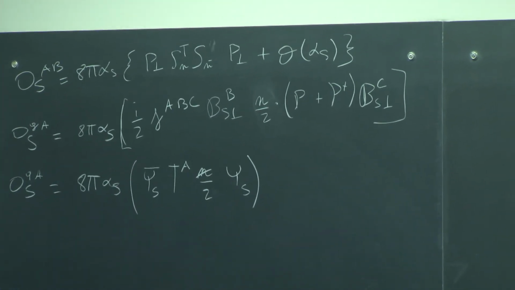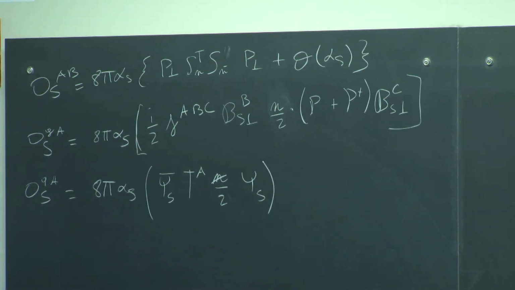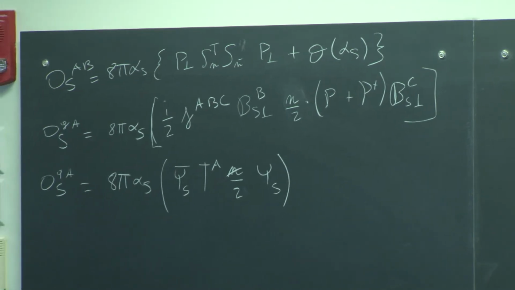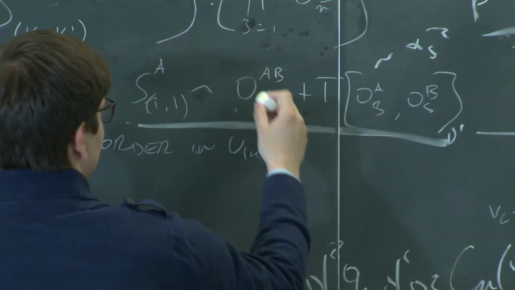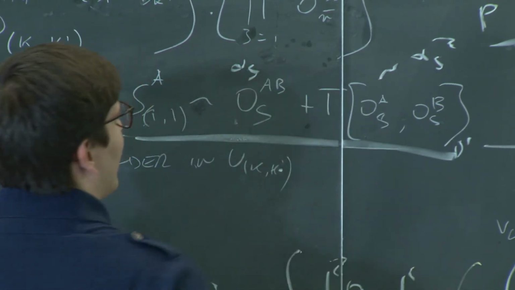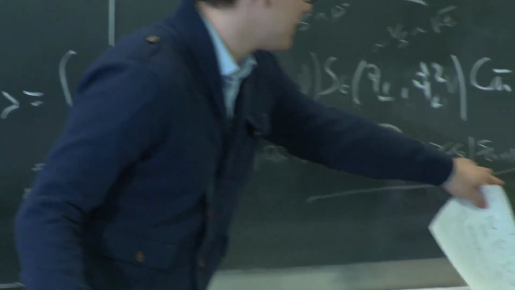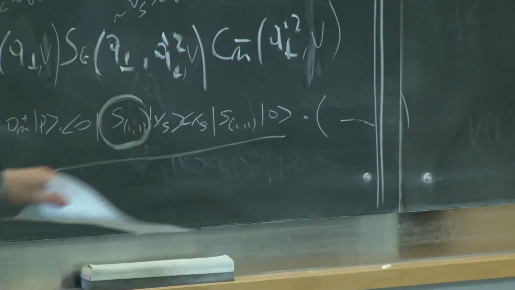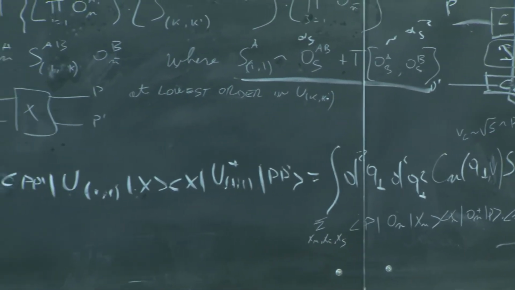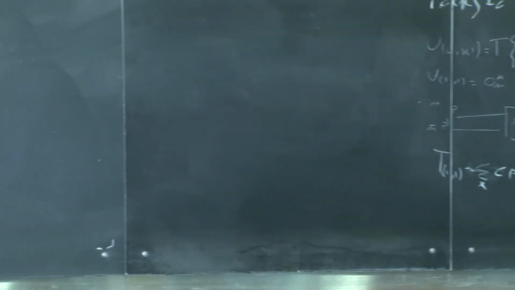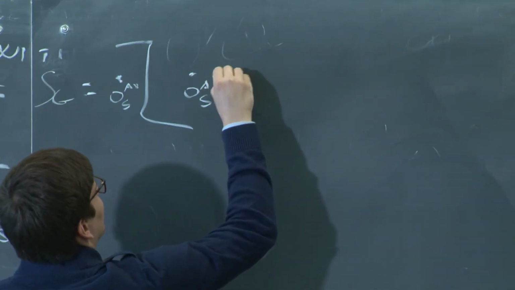So OS AB versus OS A, they have the same power in alpha S, but since here I need a T product, this is order alpha S square at first, and this starts at order alpha S. So at tree level, I just have two insertions, just OS AB on the two sides of the cut. So let me write down OS AB, and on the other side, in principle, OS A prime B prime.